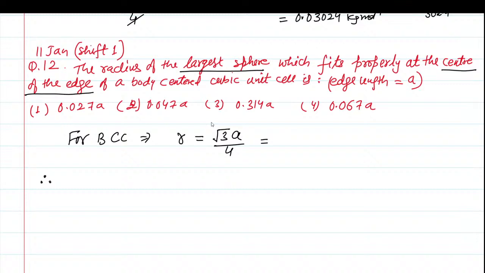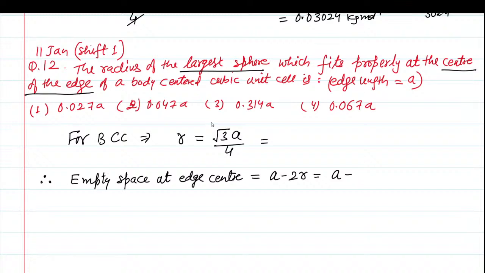Okay, so you know the empty space at the edge center is equal to A minus 2R, that is A minus under root 3A by 2, which is the diameter of the sphere.